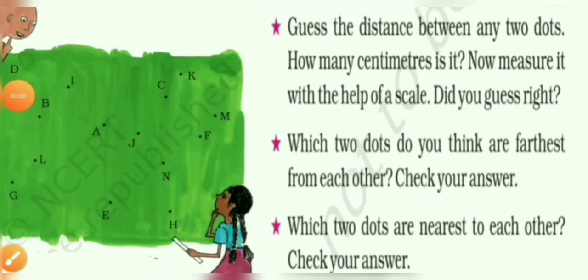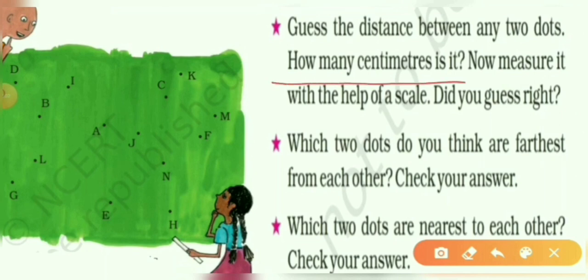Now you have to decide. You have to measure the distance in centimeters. How to measure it in centimeters we had already learned in standard 3rd. Now next, measure it with the help of the scale.